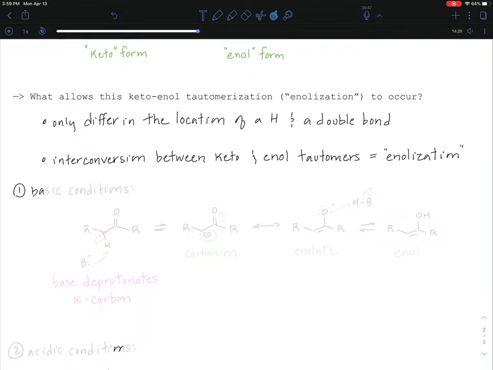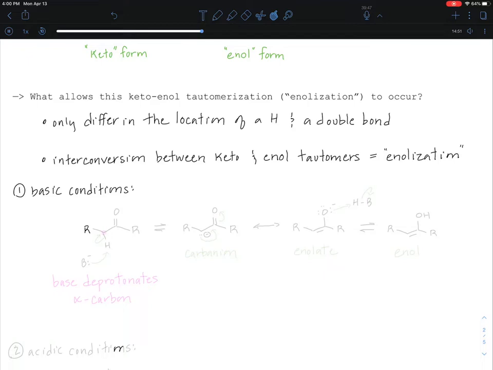Under basic conditions, what happens? Well, in basic solution, a proton is going to be removed from the alpha carbon of the keto tautomer, and then you're going to form an anion, and it's going to have two resonance contributors. Here, let's draw one example.